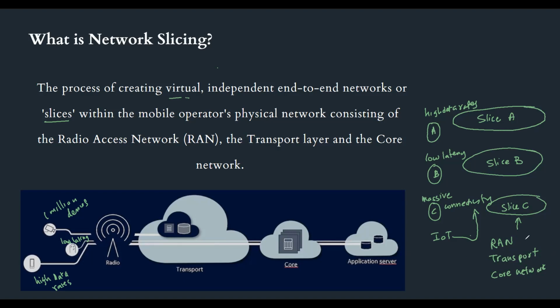I mean, it is the logical understanding about this slice concept that we will have a separate RAN, a separate transport, and a separate core network. However, in reality, we only have one core network and one transport, some hardware for the transport layer, and a common radio access network provided for all the different customers.